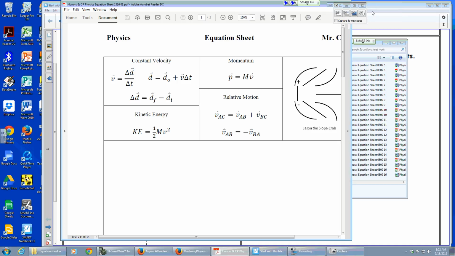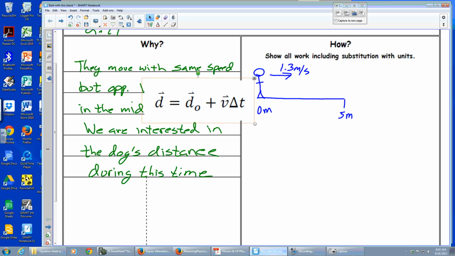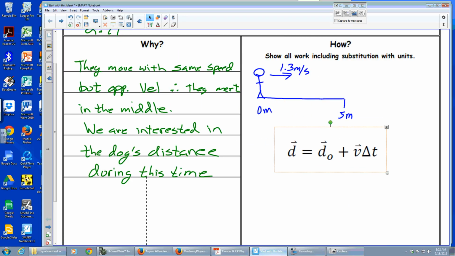All right, so I grabbed our equation sheet, and I'm looking at, okay, how long does it take for this person to walk from 0 meters to 5 meters? So I'm going to grab this equation, which talks about where I am based on where I started and how far I moved, because I was moving during that time.